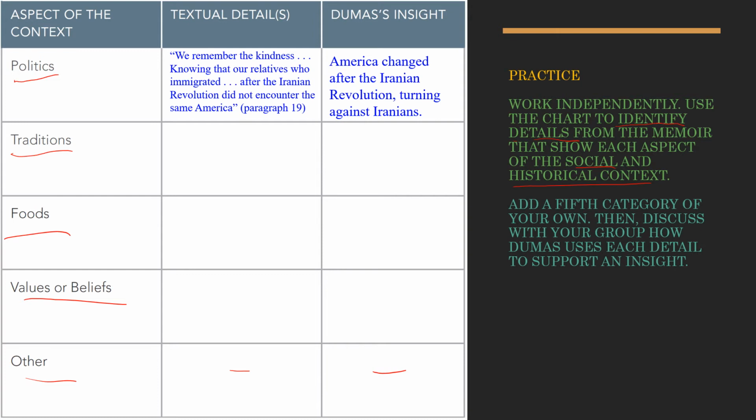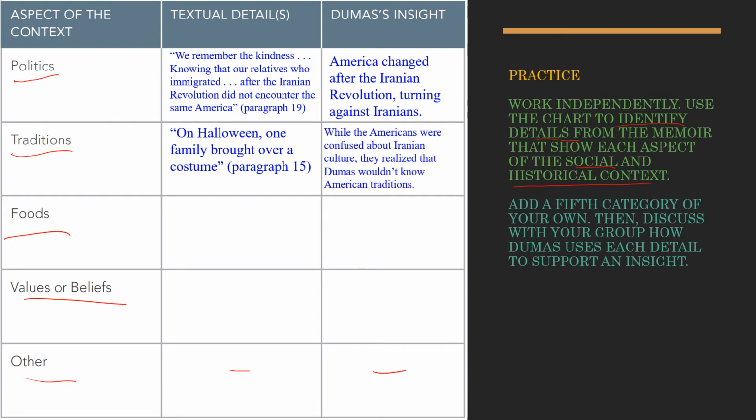So then we have the aspect of traditions. Where can we find it? If you read the story or the memoir, you will find it. You'll find it in paragraph 15, for example. "On Halloween, one family brought over a costume." So what is the insight according to Duma on this event or this detail?